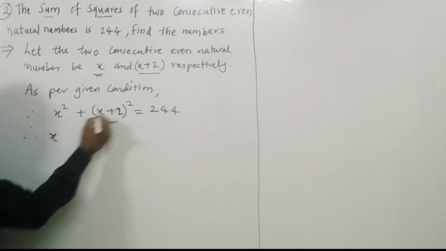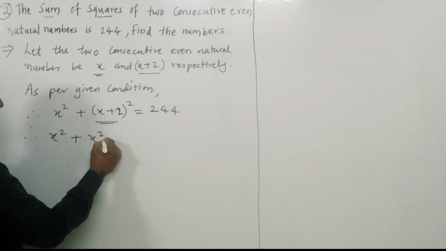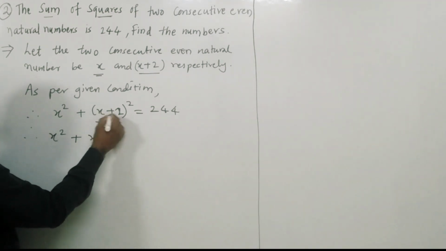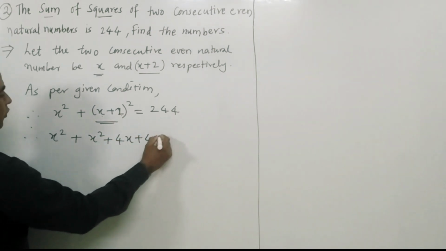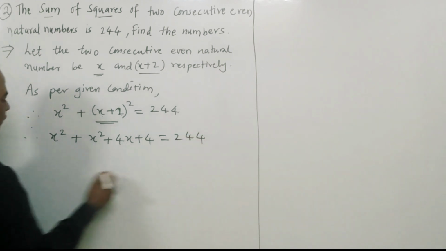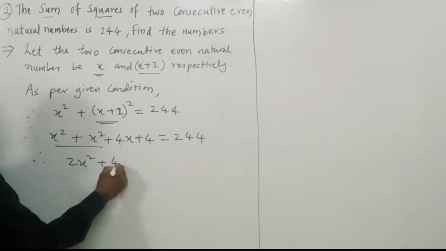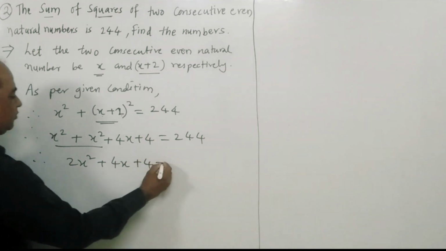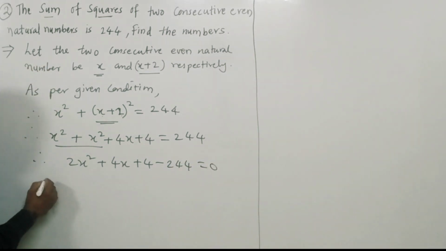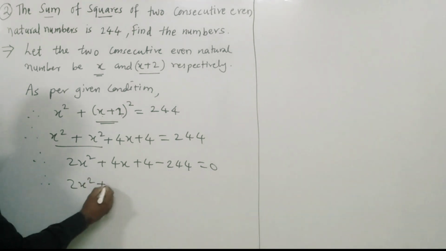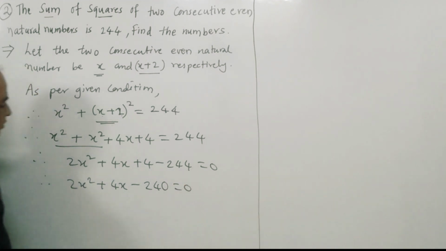First simplify the bracket, expanding (a plus b) whole square: x square plus 2 into x into 2, that is 4x, plus 2 square is 4, is equal to 244. Therefore, x square plus x square is 2x square, plus 4x plus 4 minus 244 is equal to 0. Therefore, 2x square plus 4x minus 240 is equal to 0.